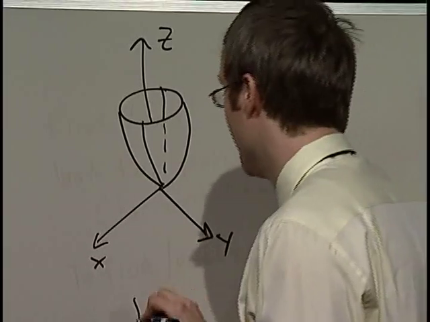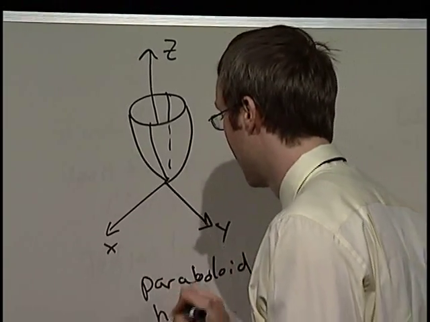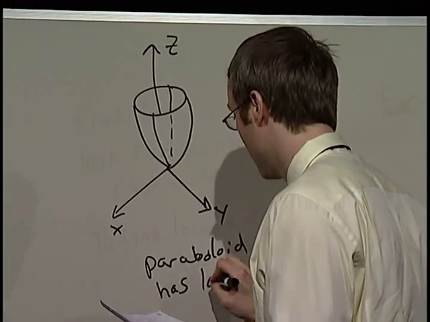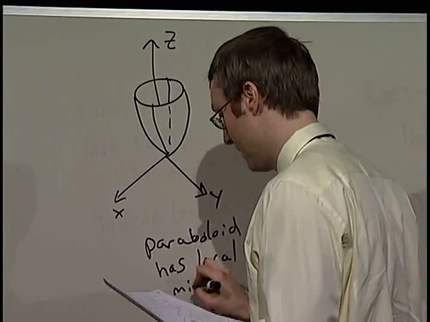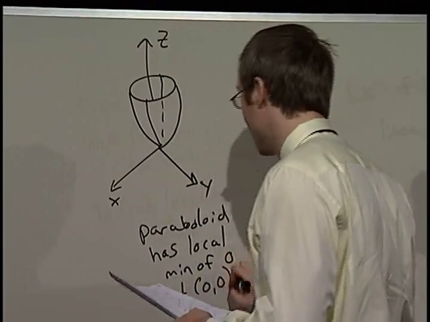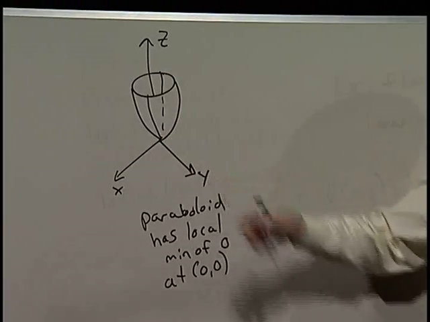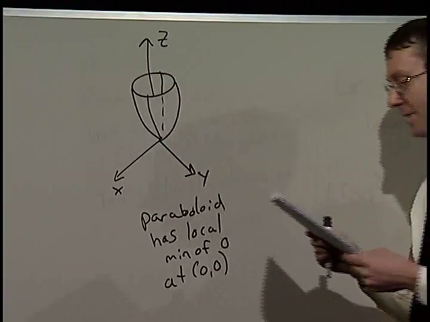So the paraboloid has a local min of 0 at the point (0, 0). It actually ends up being the absolute min. It's also a local min. It's the lowest point around in the paraboloid.